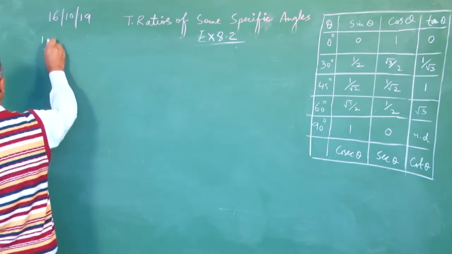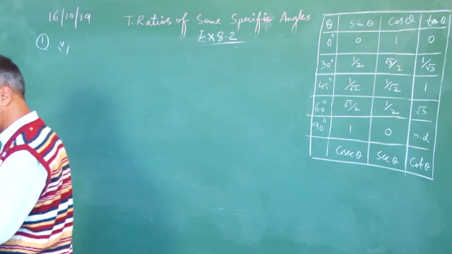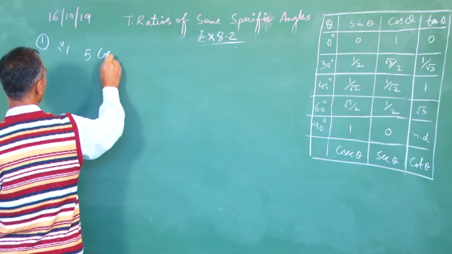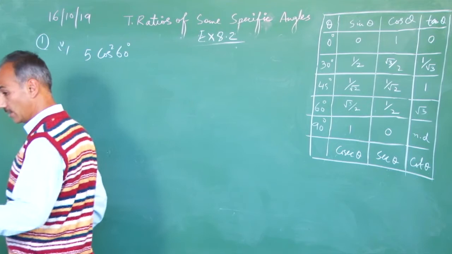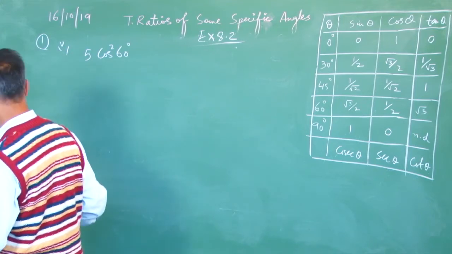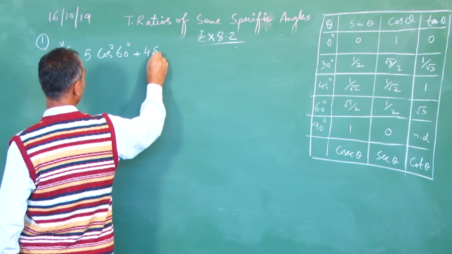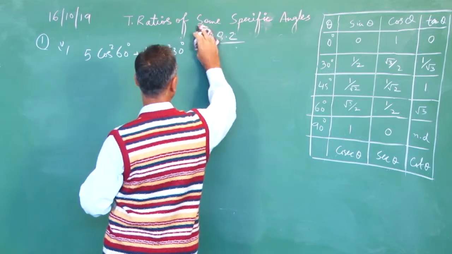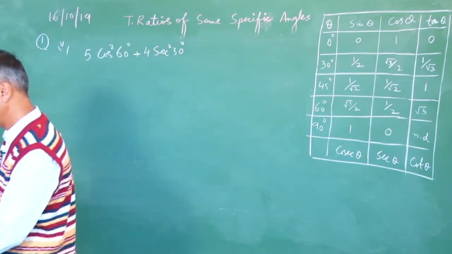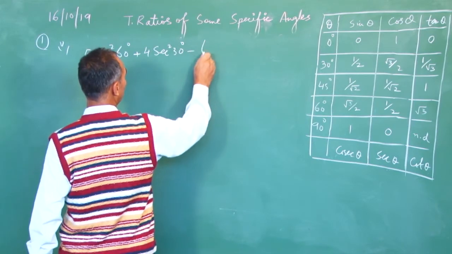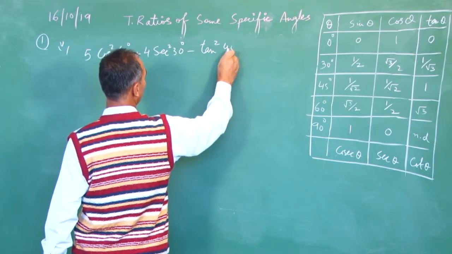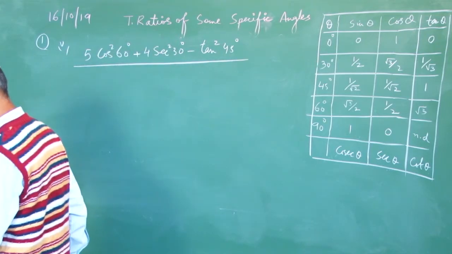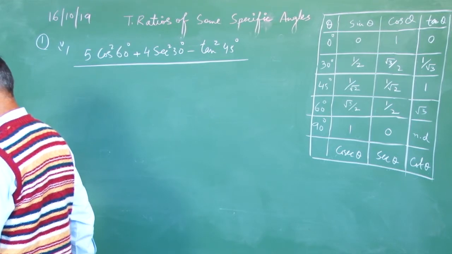Question number 1, part 5. Evaluate 5 cos square 60 degrees plus 4 secant square 30 degrees minus tan square 45, divided by sin square 30 plus cos square 30.